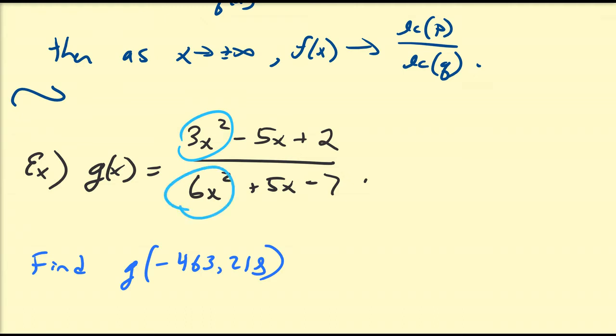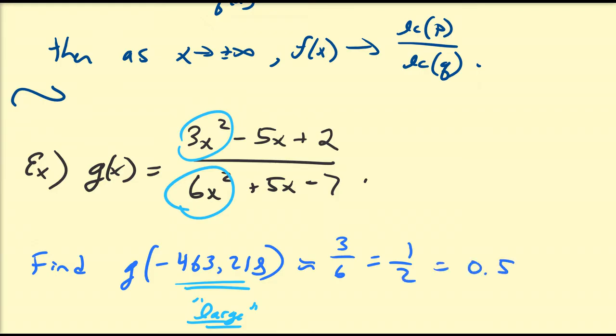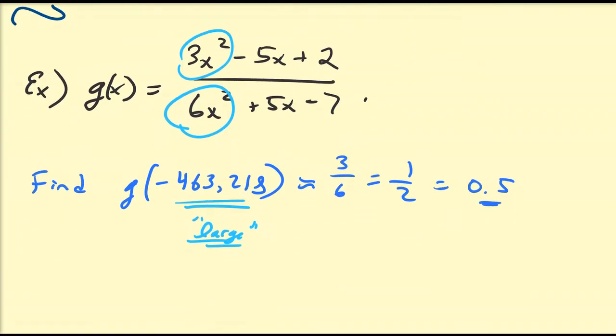So since the top and bottom term have the same exact degree, then we can say that if this number in parentheses is significantly large, which one may be able to claim or argue, then this is going to be approximately equal to the quotient of the leading coefficients. In this case, that's going to be 3/6 or 1/2, which is 0.5.